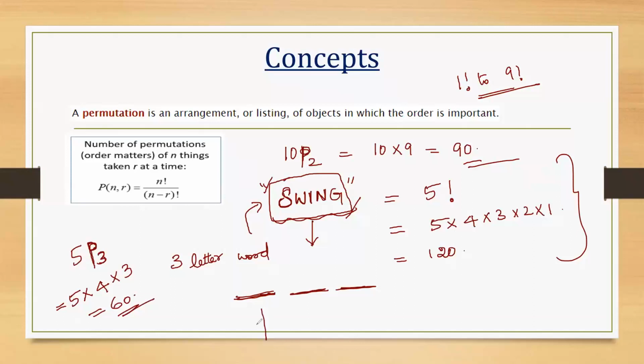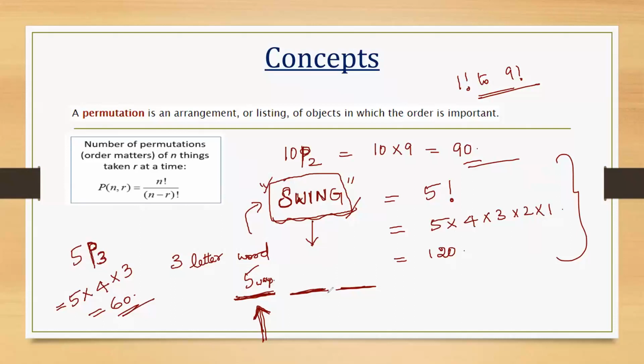Or else, in the first place, out of 5 letters, which letter is possible? All the 5, right? So we have 5 ways.